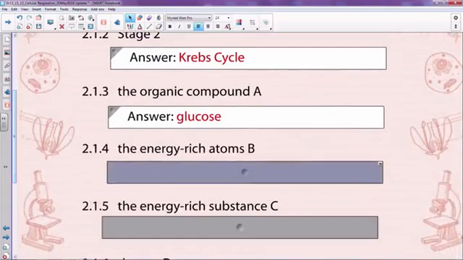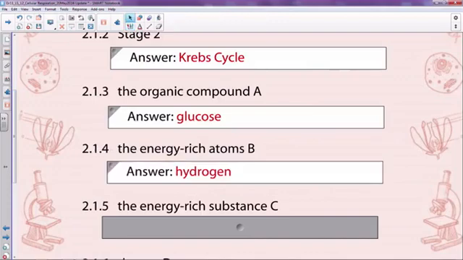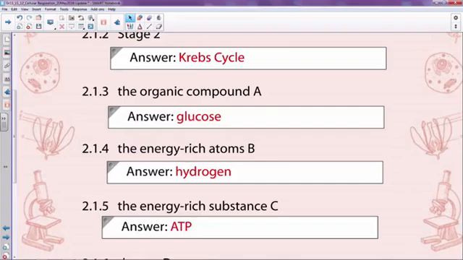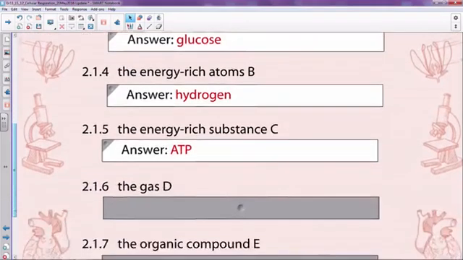Energy-rich atom B was the hydrogen, and we know that the hydrogen comes down from the Krebs cycle as well as the glycolysis to be used in oxidative phosphorylation. Energy-rich substance C was the ATP molecule, which is the final energy carrier molecule that we need.